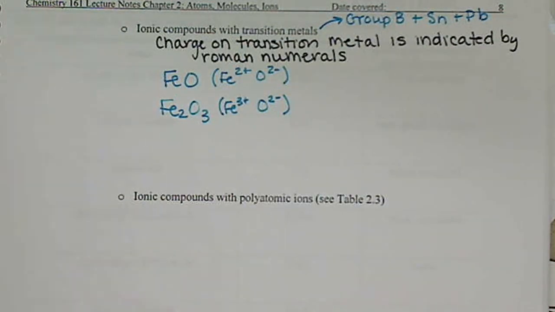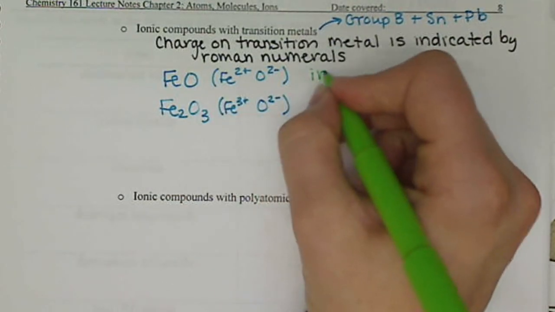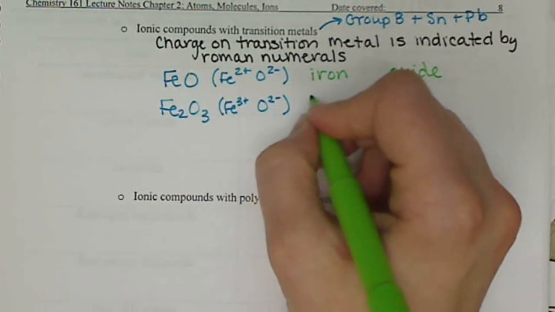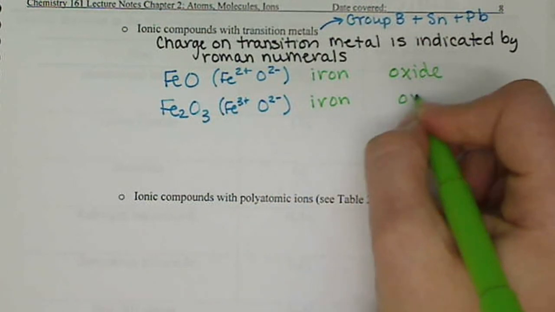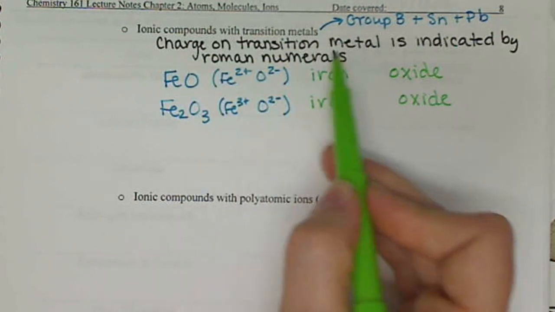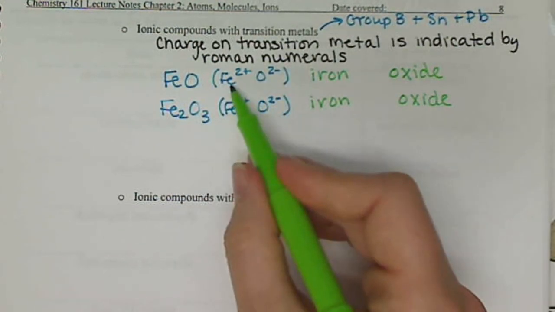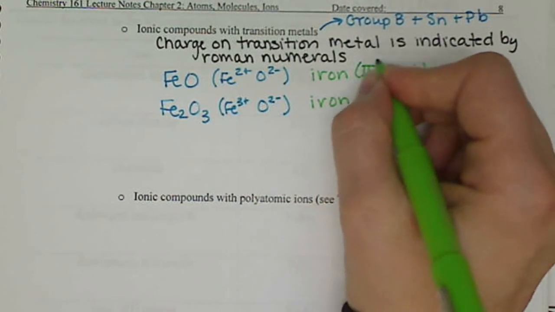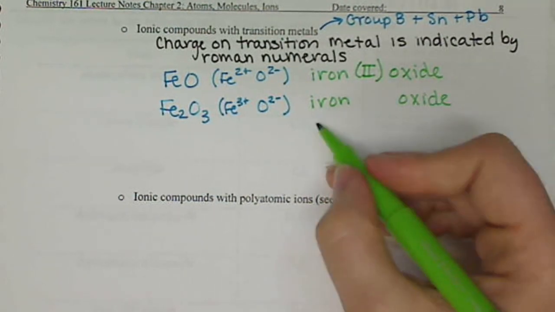Okay, so our name stays the same. We still keep that basic iron oxide and iron oxide. We just indicate this charge on the transition metal with Roman numerals. So the charge here is 2+, so we'll put a 2 for our Roman numeral.